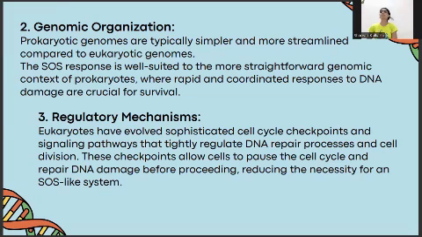These checkpoints allow cells to pause the cycle and repair DNA damage before proceeding. So the cell gets a signal accordingly. The checkpoints allow the cell to pause or stop the replication process so the DNA repair can proceed, reducing the necessity for a system like SOS.